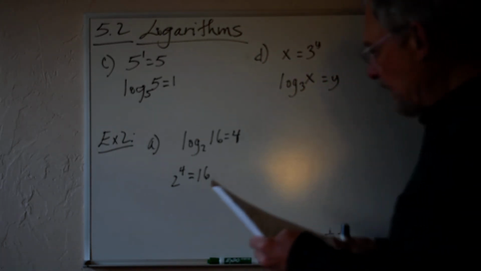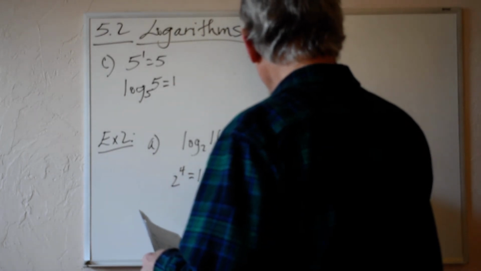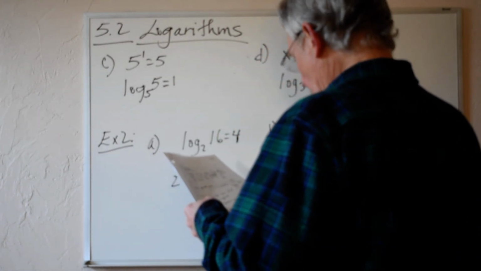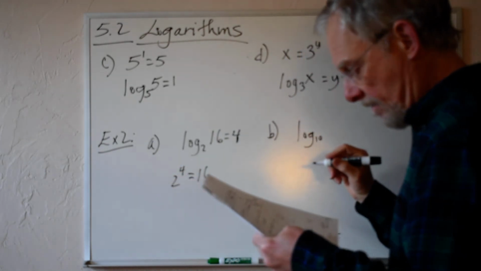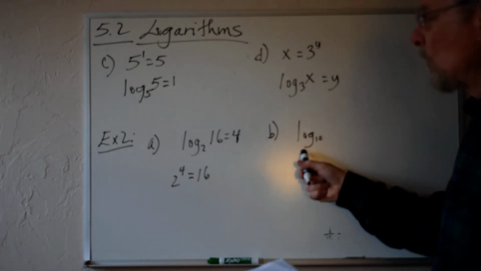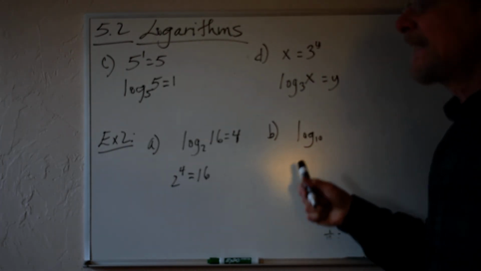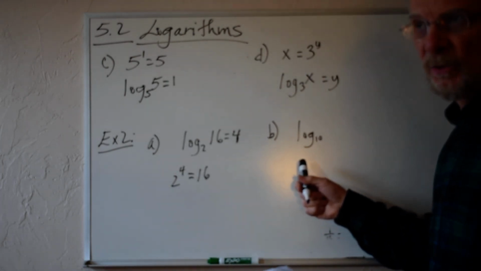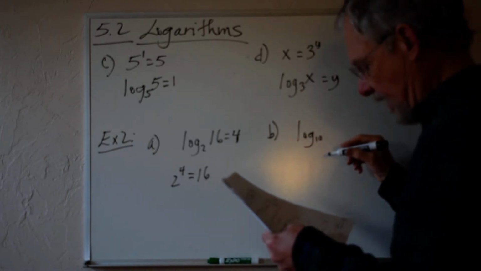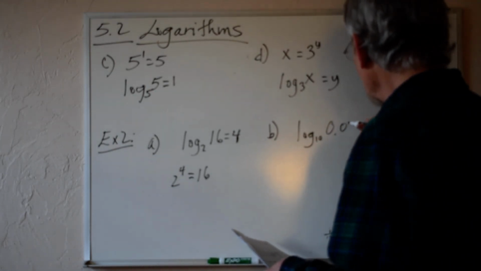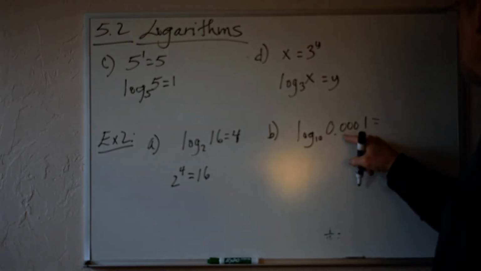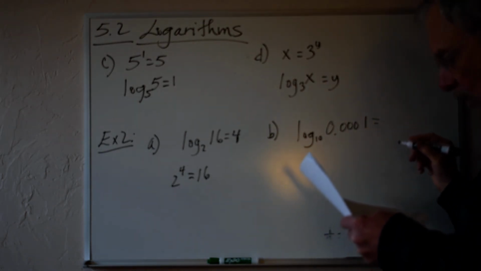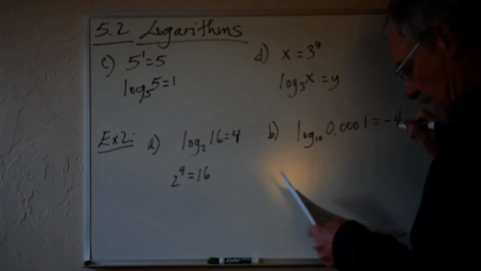In part B of that example, the log to the base 10, and this is the kind of statement that Napier would have been interested in. He was interested in the base 10. Of 0.0001 equals negative 4.